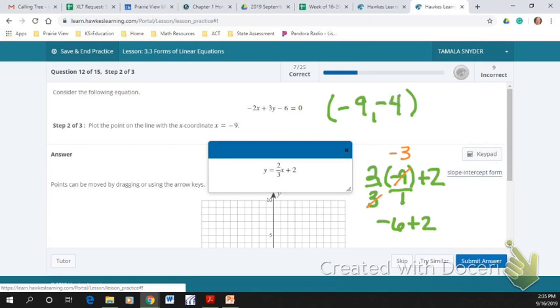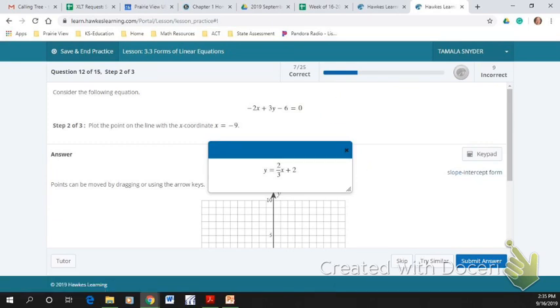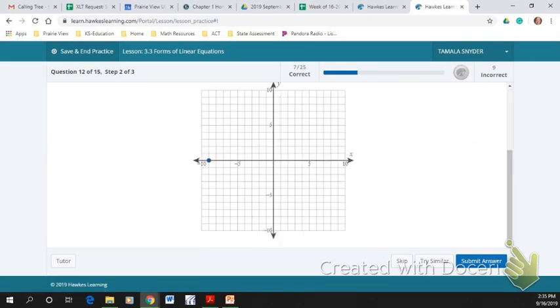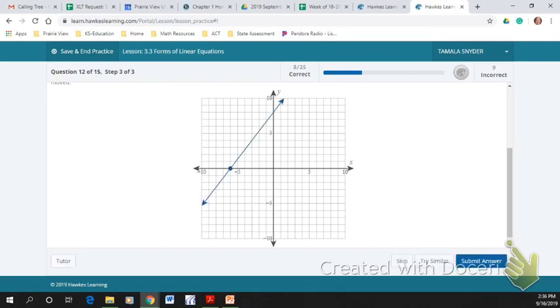So that's the point we need to plot: -9, -4. Okay, everybody okay with that? Yeah. We'll drag it. Is that the right spot right there? Yeah. Okay, hit submit.